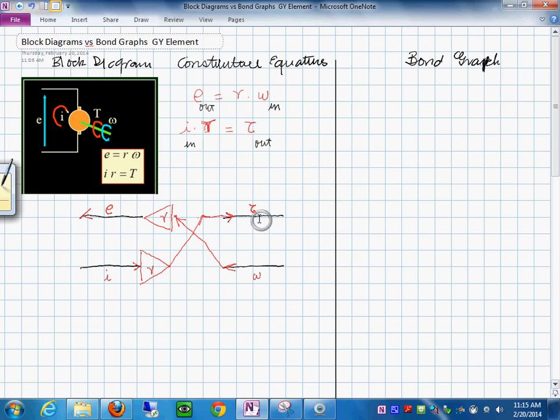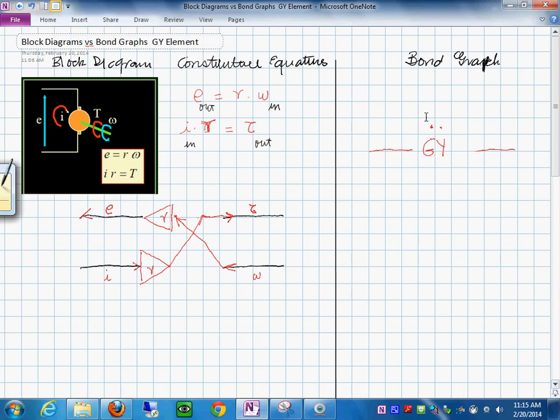So this is a two-port element. On this side it has the torque and the angular velocity, and this one has a voltage and a current on the side. So if you use the bond graph notation, like if you say this is a gyrator element in here, it has two variables.